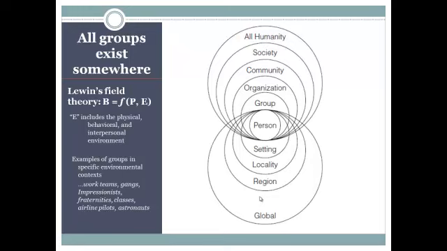It could be the town in which that industrial park is located. It could be the city in which that town is situated, and it could be the county or the state. So you can see how far it goes, and all of these can have an impact on group processes at some level.